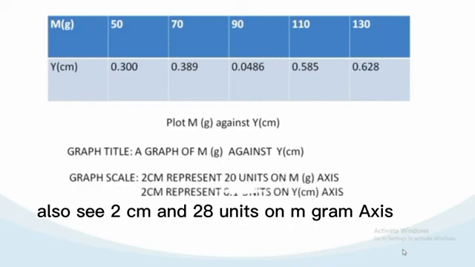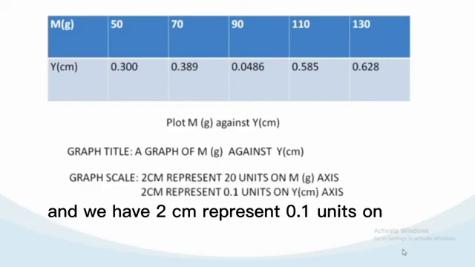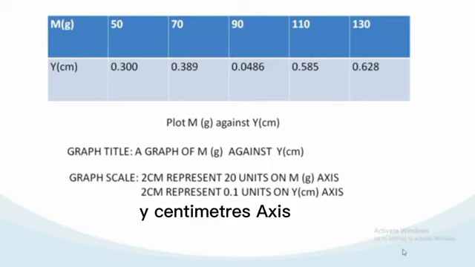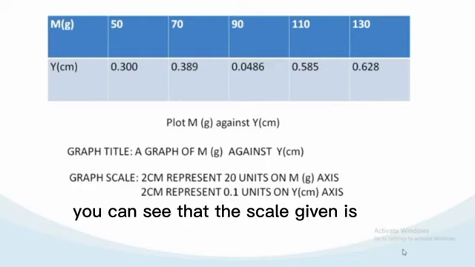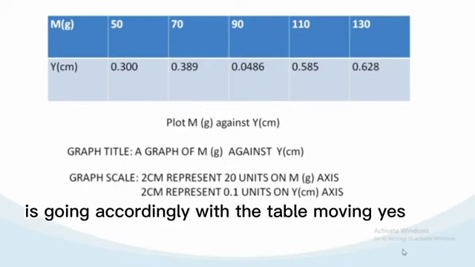And the scale says 2 centimeter represent 20 units on the m axis, and 2 centimeter to represent 0.1 units on the y axis. You can see that the scale given goes accordingly with the table I'm having.